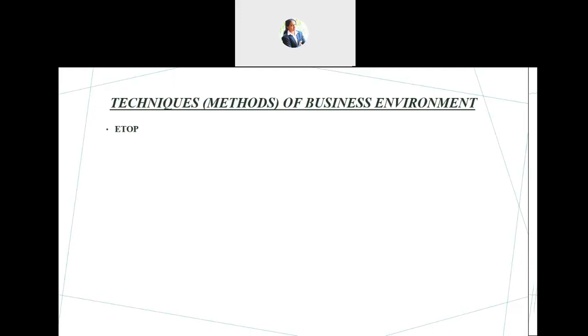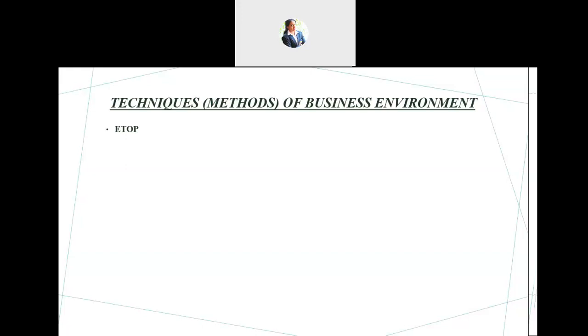ETOP stands for environmental threats and opportunity profile, and it provides a summarized view of environmental factors and also their impact on the business organization.